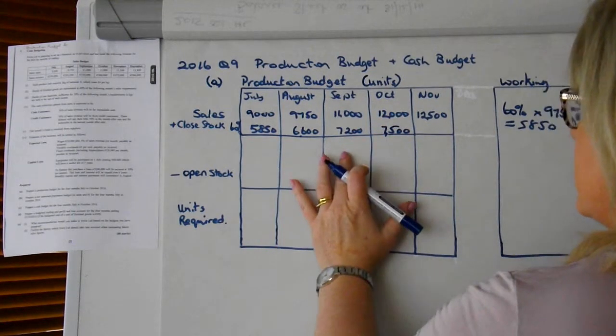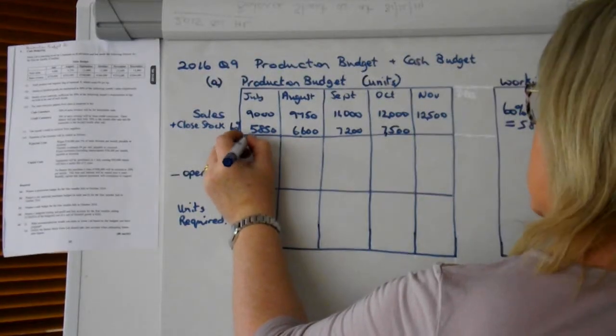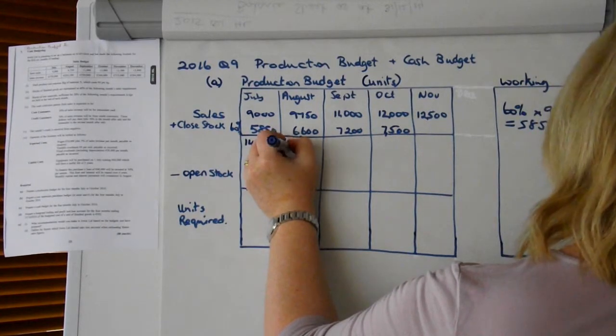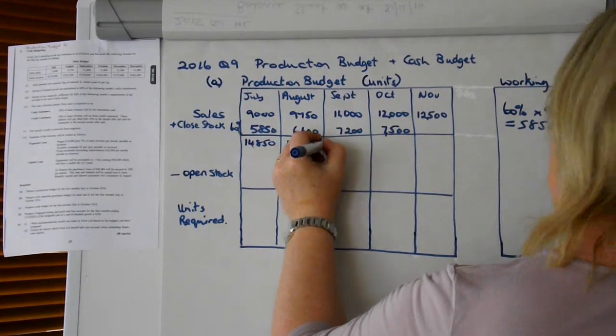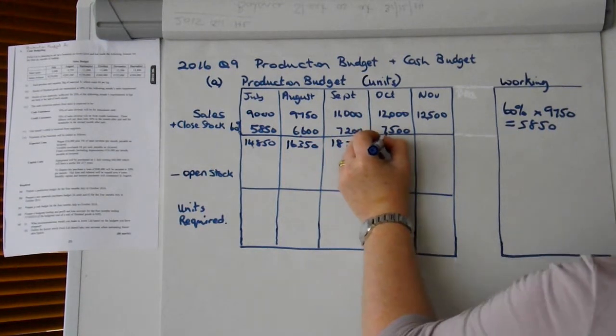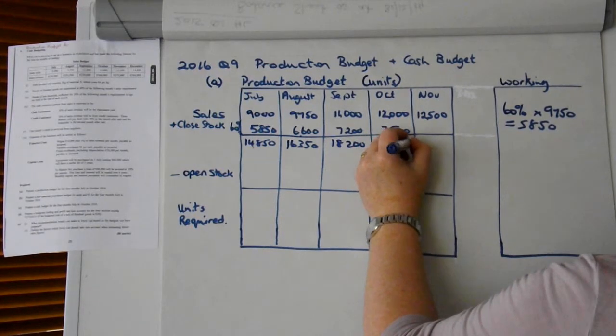So those are my 4 months, and I can total then for the 4 months of July is 14,850. We have August at 16,350. September is 18,200. October is 19,500.